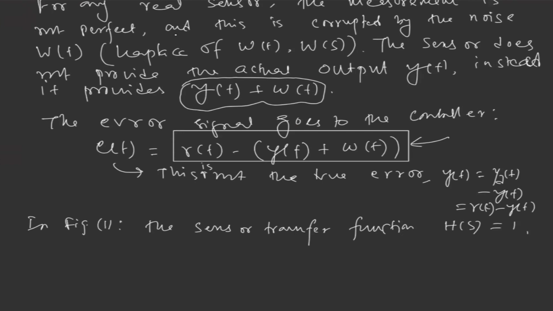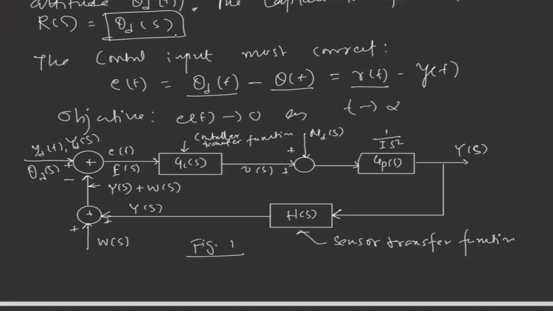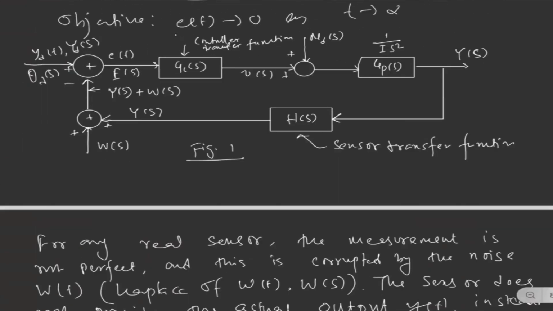For the time being, we are assuming the sensor transfer function is 1. When H is equal to 1, we call this kind of system a unity feedback system. Because if H is equal to 1, then it is just a straight line. There is no transfer function in the loop. So we can say unity feedback, just feedback.